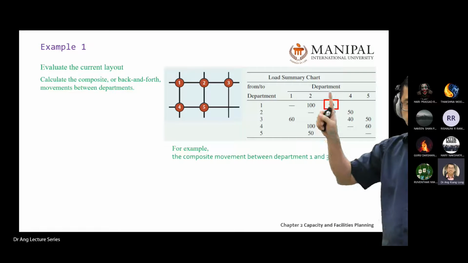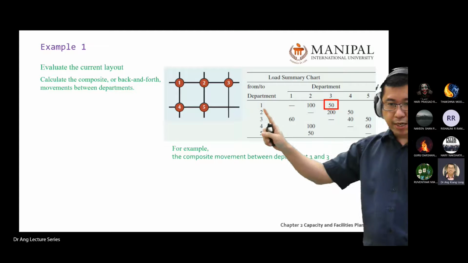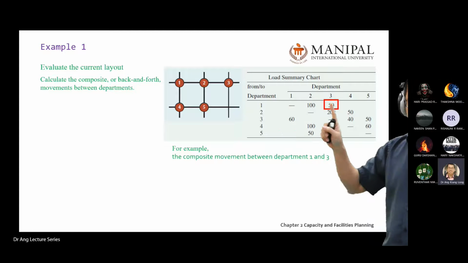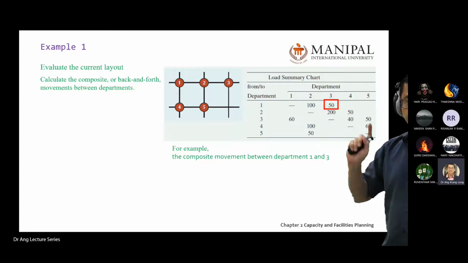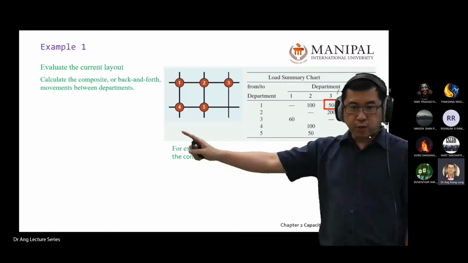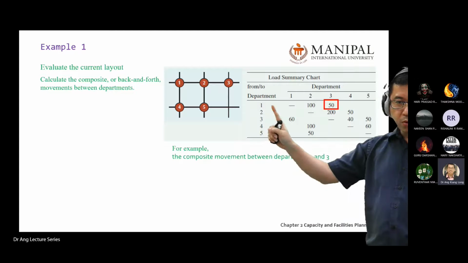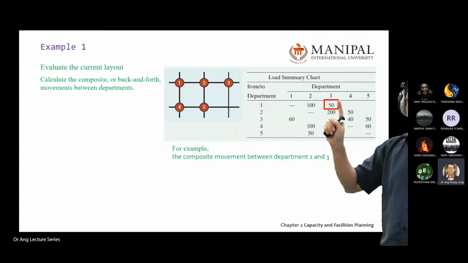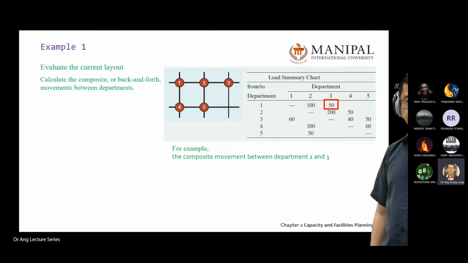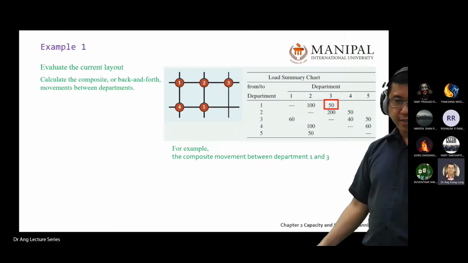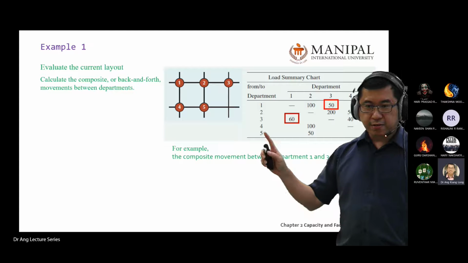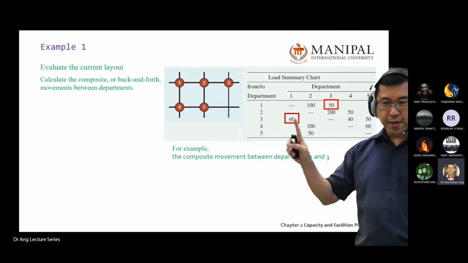Department 1 to Department 3, you get 50. If you want to use the back and forth movement, this is only one movement, 1 to 3. What about the coming back? 3 to 1, right? There's one more here. 3 back to 1.